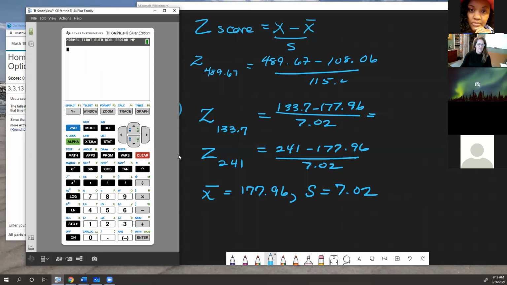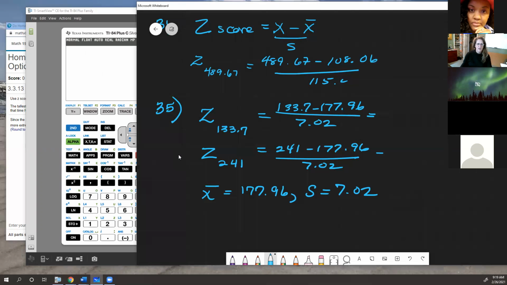All right, and let's get the z-score for the shortest man, and then the z-score for the tallest man. And if you would, when you do type it in, let me know whether it is the z-score for the shortest or the z-score for the tallest.